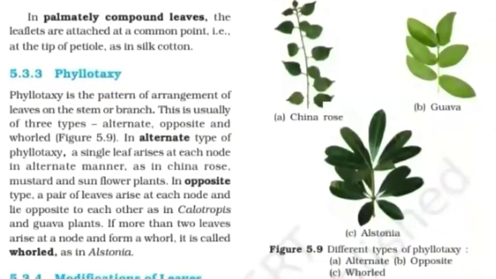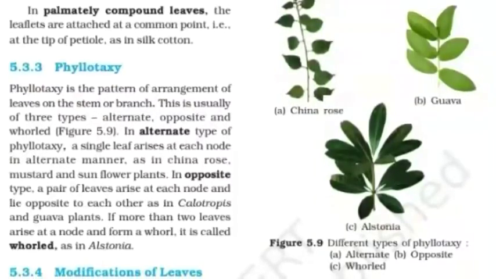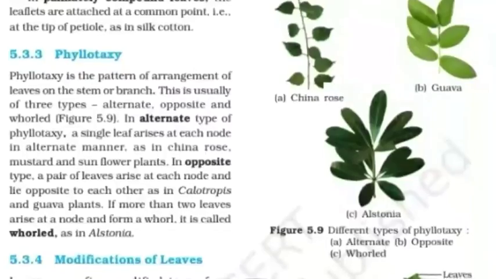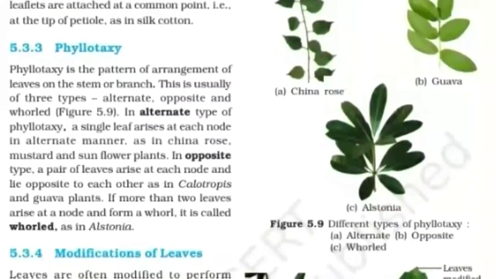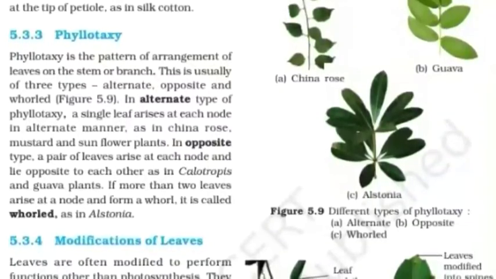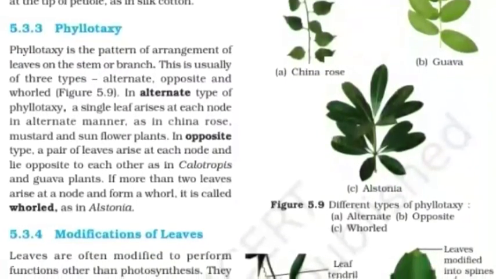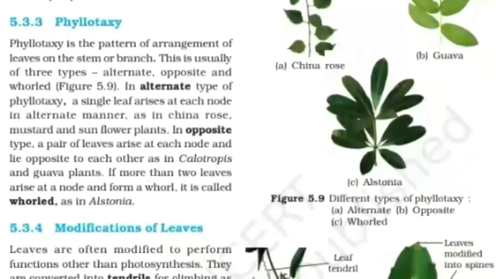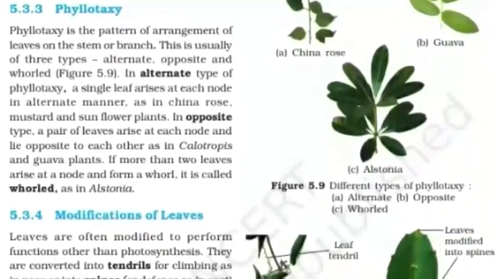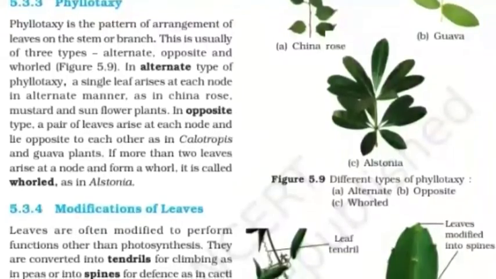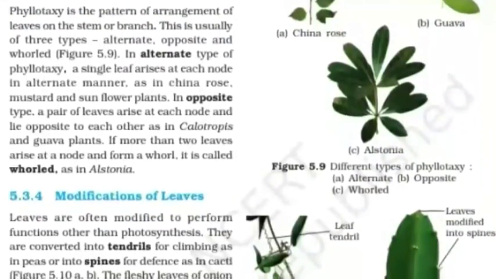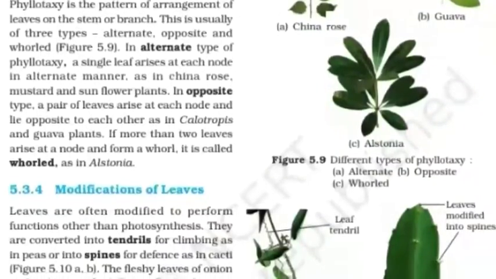Phyllotaxy. Phyllotaxy is the pattern of arrangement of leaves on the stem or branch. This is usually of three types: alternate, opposite, and whorled. In alternate type of phyllotaxy, a single leaf arises at each node in alternate manner, as in China rose, mustard, and sunflower plants.